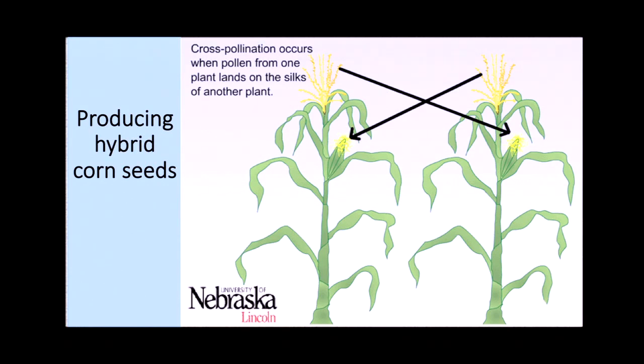To make a hybrid seed, what you want to do is to have this pollen here not land on this ear here, but land over here, or vice versa. And so the people who make the most money in corn agriculture are not the people who grow corn for the crop. They're the people who grow seed corn, because that has the premium.